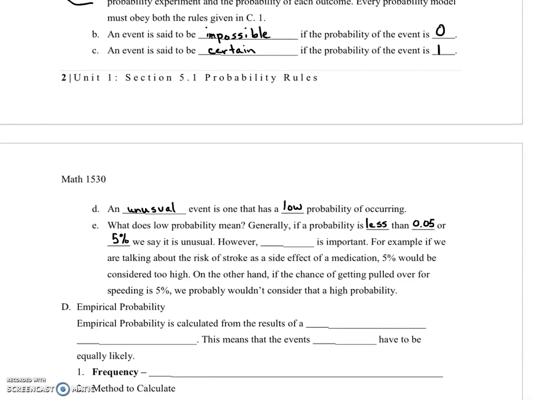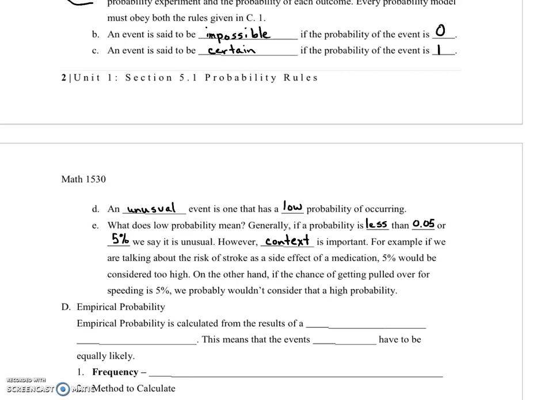However, the context is important. If we're talking about some medication that has the probability of some side effect that might kill somebody, then the probability of that side effect happening being 5%, we wouldn't say that's good.